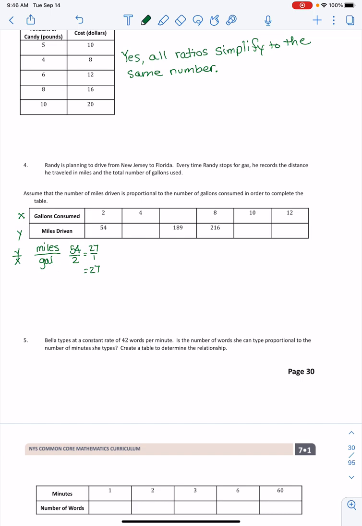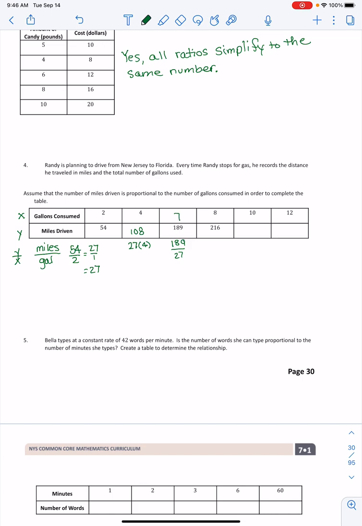So to find our numbers that are missing, the first one, we can multiply 27 times 4 to get our answer of 108. And because we have the y value, we divide by our unit rate of 27, and that number is 7.